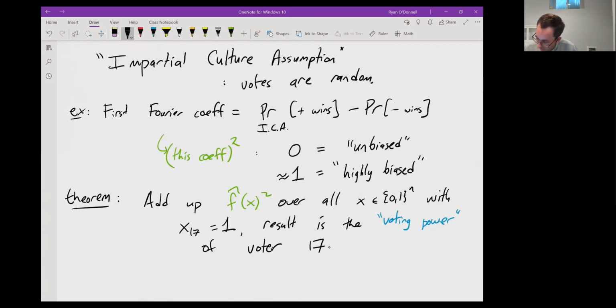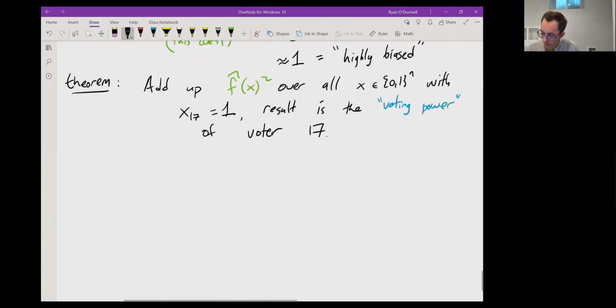And 17 is just an arbitrary number I chose here. This is true for all the different voters. You can figure out their voting power by adding up all the squared Fourier coefficients in rows that have a 1 in that voter's position.